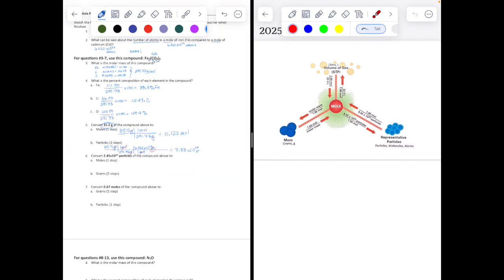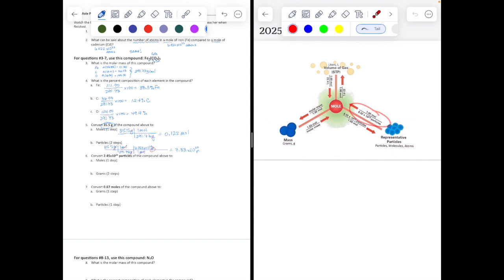So on this next one, we want to convert 2.45 times 10 to the 24 particles, and we're going to convert them to moles, and then we're going to convert to grams. So if I look over here on my mole map, we're starting with particles. So we're going to start here with particles, and then we're going to go to moles for our first one.